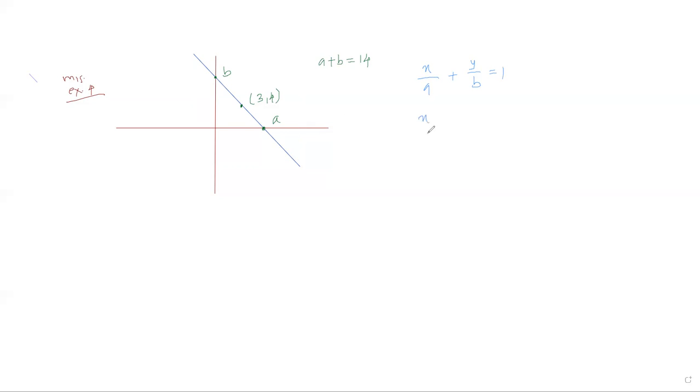So x by a plus y upon b, where b is 14 minus a, is equal to 1, because a plus b is equal to 14 is given.